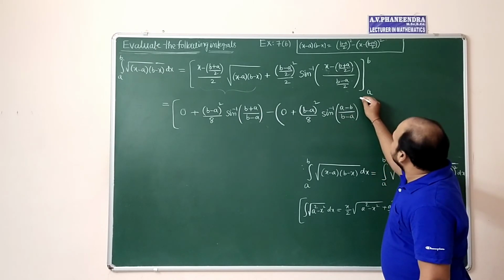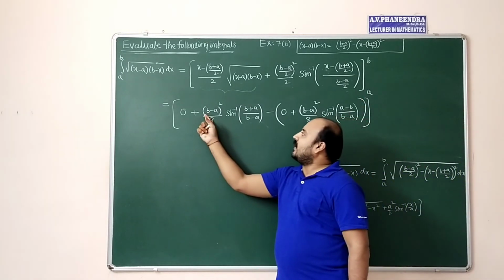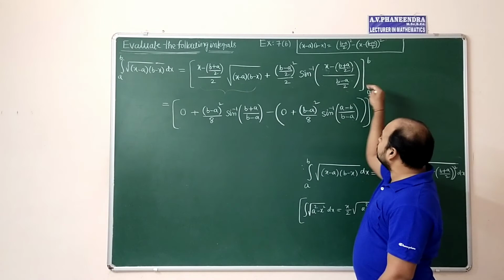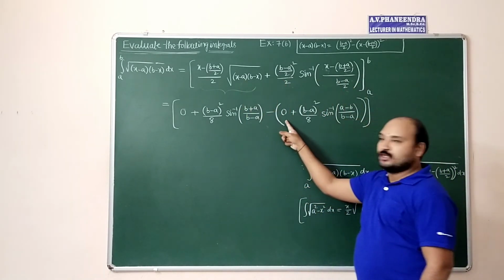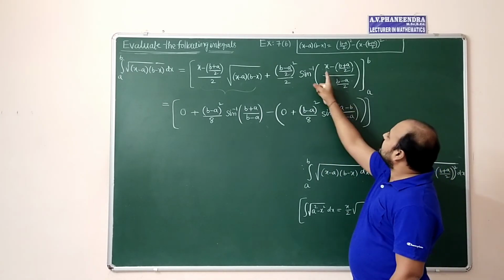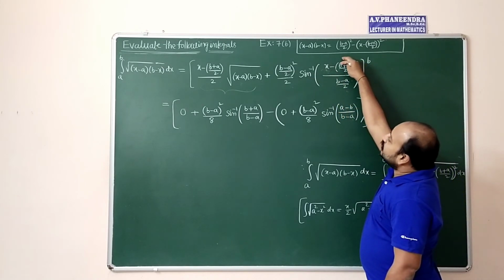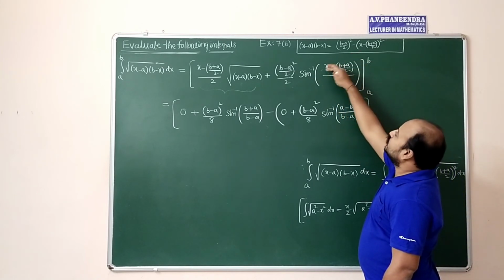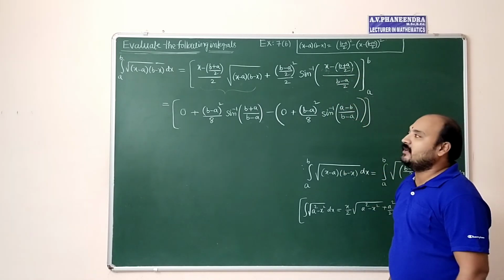Applying the limits, no, already we got it now. So b minus a whole square by 8, first term is over. Come to second term, once again I will explain. X is equal to a, substitute in this term goes to be 0, plus x is equal to a, substitute in this, 2a minus b, 2a minus b minus a. 2a minus a is a minus b by b minus a. 2 get cancelled anyway.